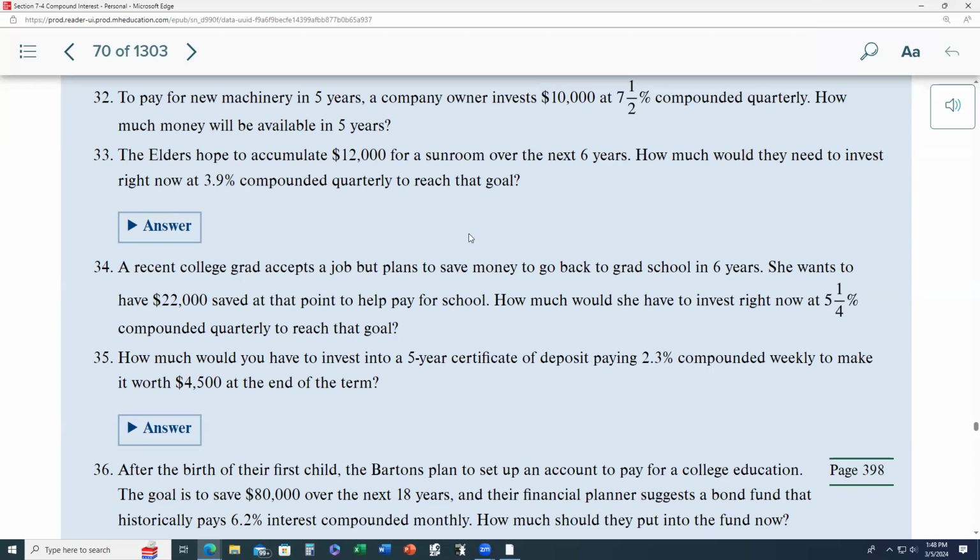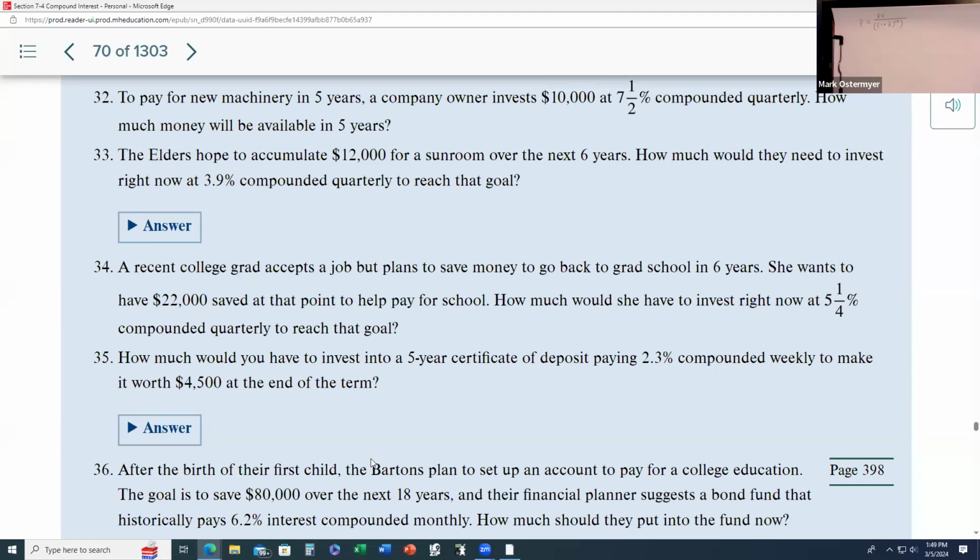It's the present value formula, not the future value formula. Could you read off that formula for us? P equals future value over, in parentheses, 1 plus R over N, parentheses, to the N times T power. Okay. And there you go.